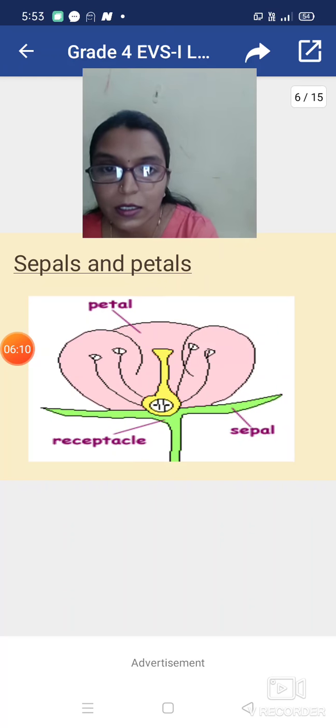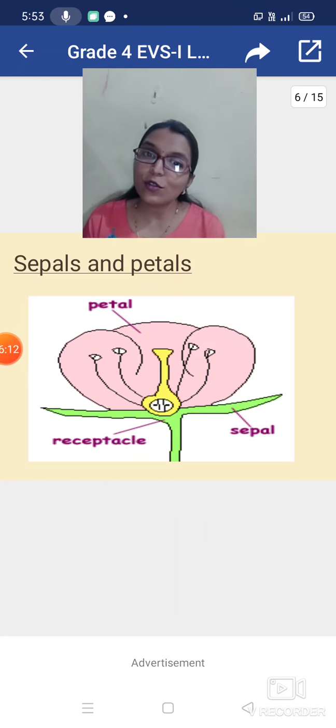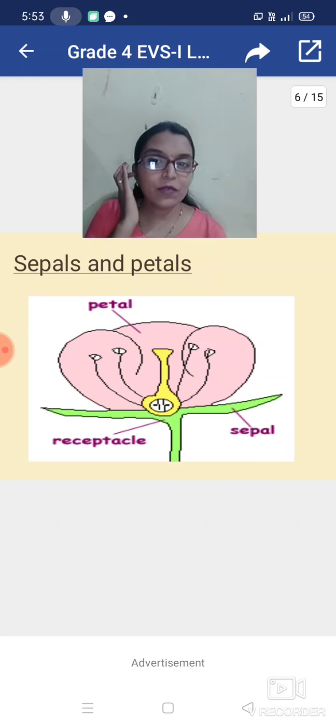Okay. So in roots we have studied there are two types. In flowers there are some parts we can see. This is the image of some parts of the flower. Let us see.